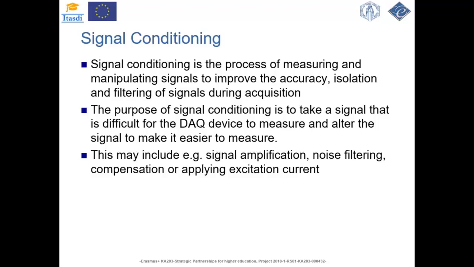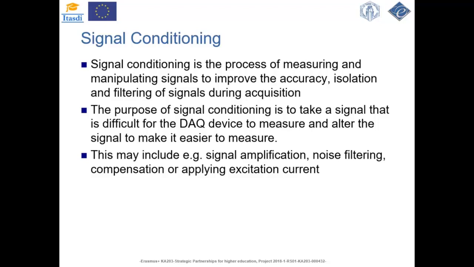Signal conditioning is not always required, but most of the time we do need to apply some sort of signal conditioning during the data acquisition. So, as I said, the purpose of signal conditioning is to take a signal that's difficult for the DAQ device to measure and alter it in order to make it easier to measure.